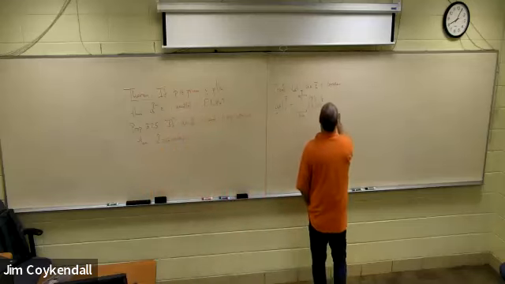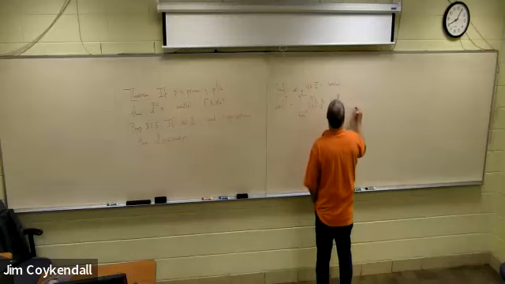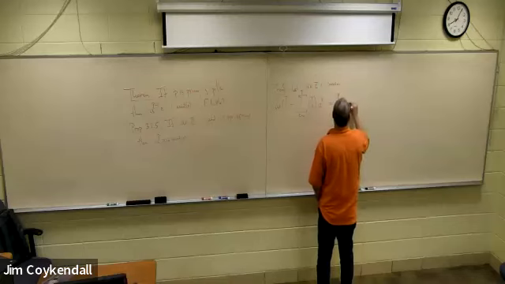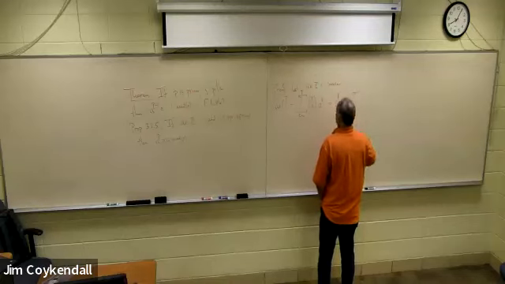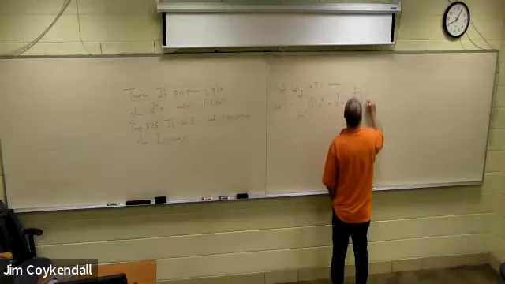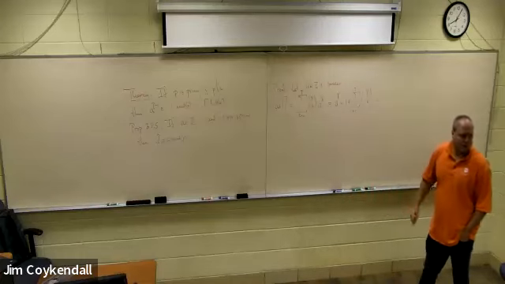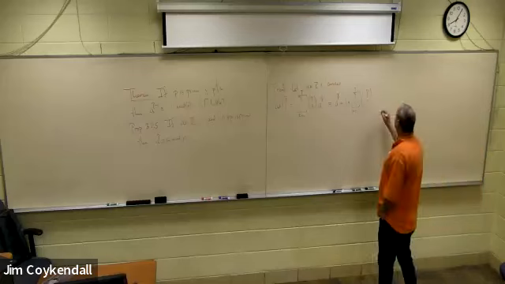Now, this is a to the p plus 1 plus the sum k equals 1 to p minus 1 of p choose k times a to the k, of course.